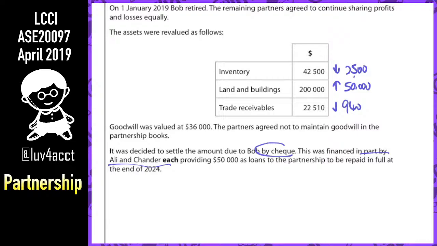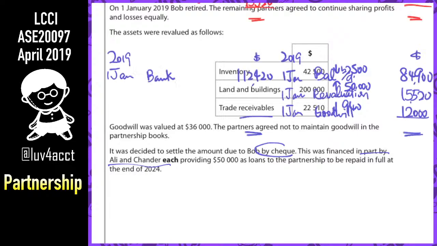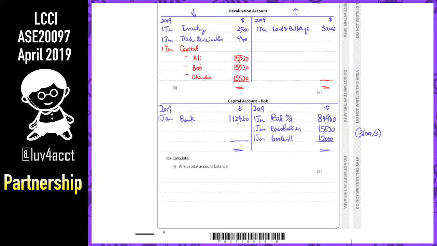The main point is, it doesn't say that Ali and Chanda pay Bob, and this is not treated as a loan to the partnership. No, it is settled by check. So simply, Ali and Chanda give the money to the business bank account, and then from the business bank account, the amount to Bob is settled. That's why it is only bank here.